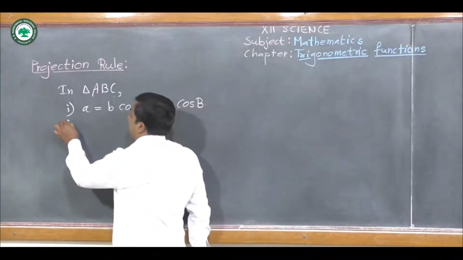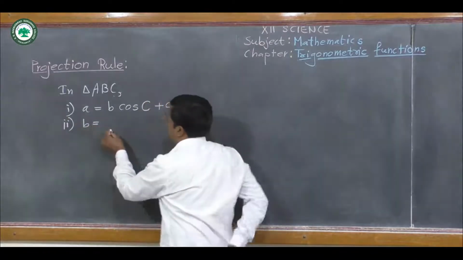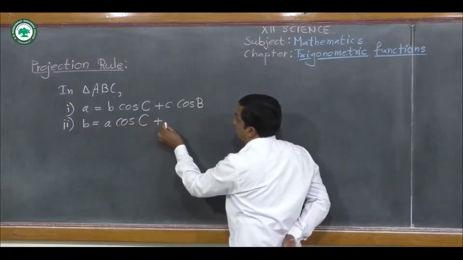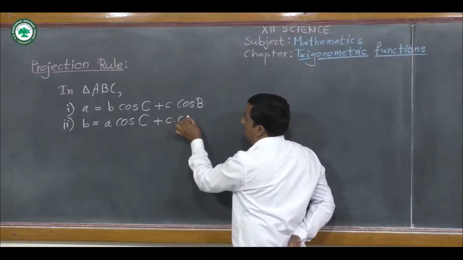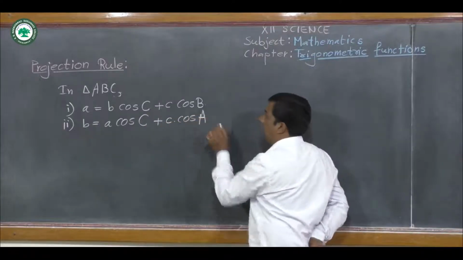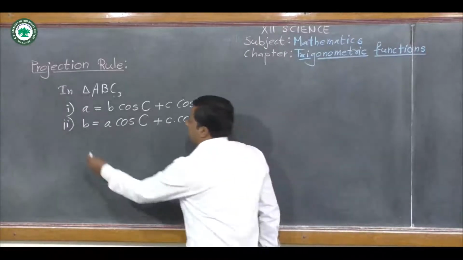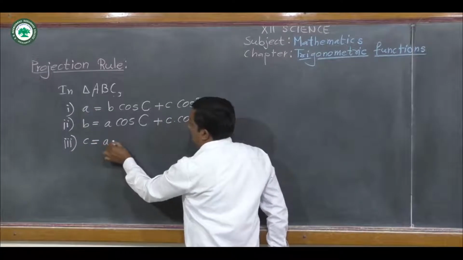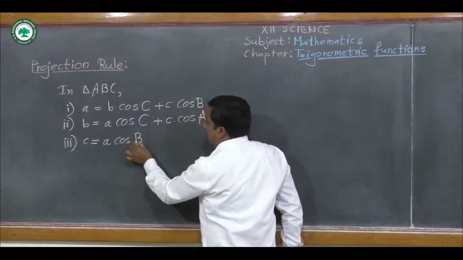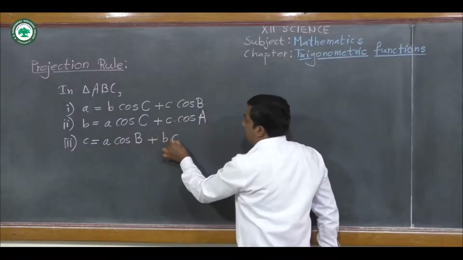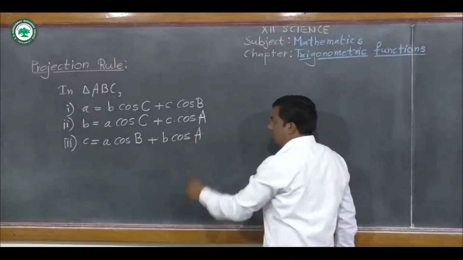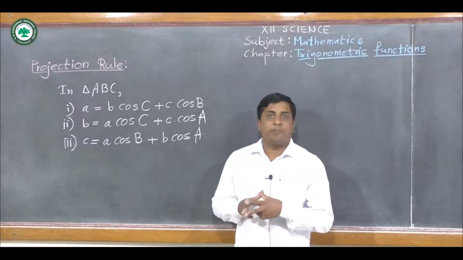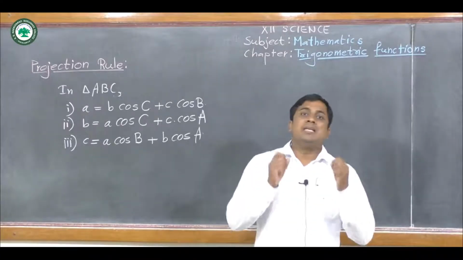Then the second is b = a cos C + c cos A. And in the last, the third, we consider c = a cos B + b cos A. So these three relations are for the projection rule and for the elements of the triangle.